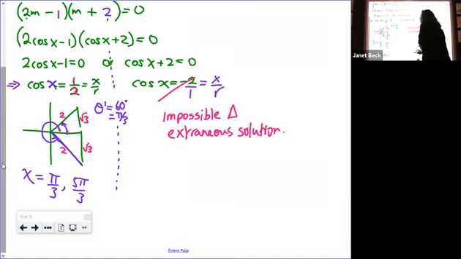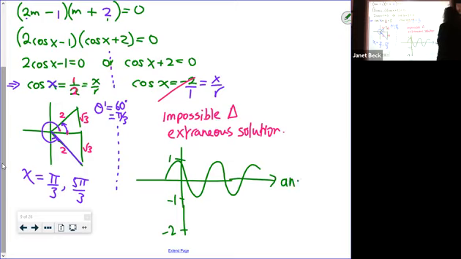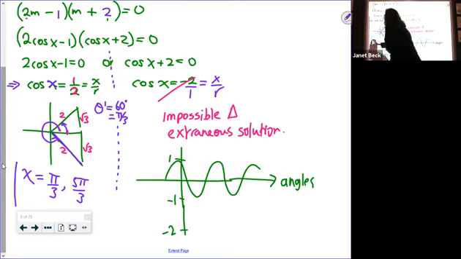If you think about the cosine wave, it goes up to +1, down to -1. For none of these angles does that line come down to -2. So here are our answers here.